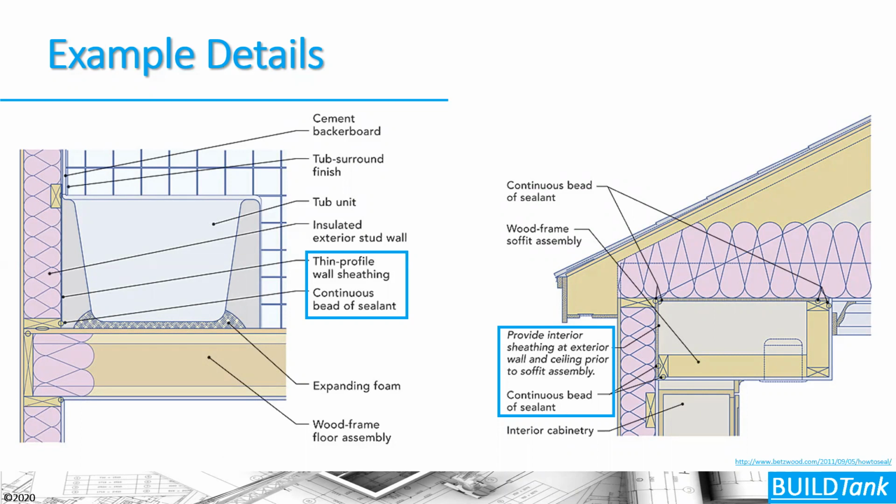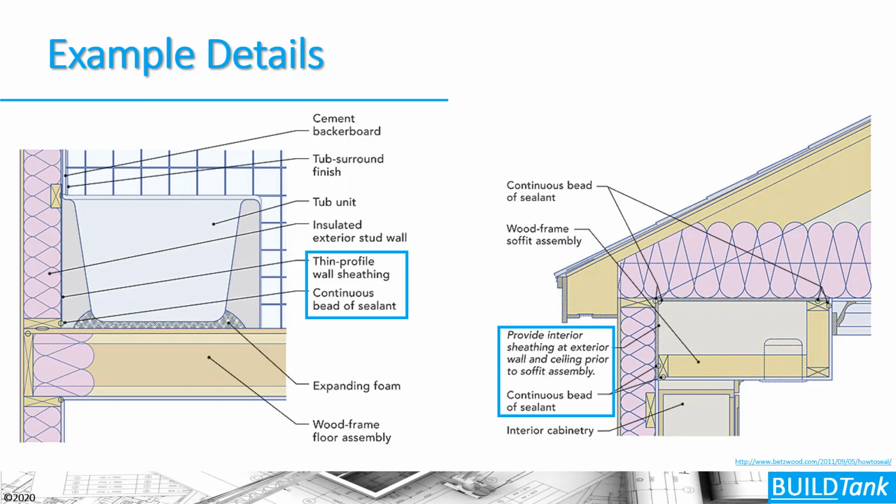So for example, the interior air barrier behind a tub, it's pointing out that we need to add a supplemental air barrier there behind the tub. Or in a drop ceiling, get an air barrier up to the attic insulation and to that exterior wall before we build the drop ceiling for this can light over a kitchen cabinet, for example.